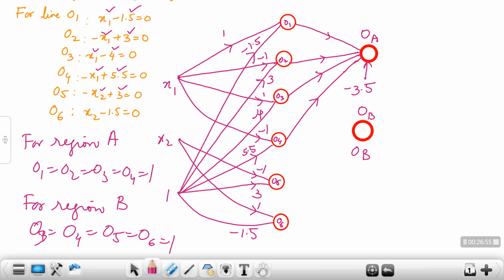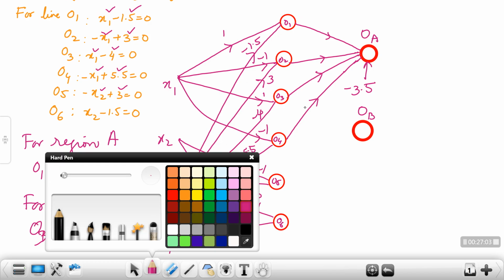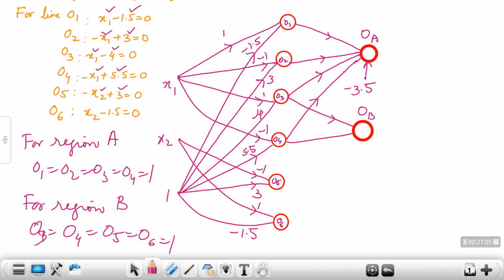Similarly, this neuron is OB. For OB, which are the inputs which are given? O3, O4, O5 and O6. And what is the bias? Again, it is minus 3.5. For obvious reasons, it is an AND gate.